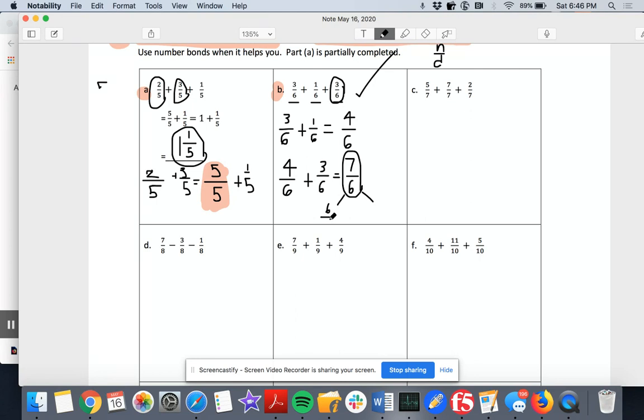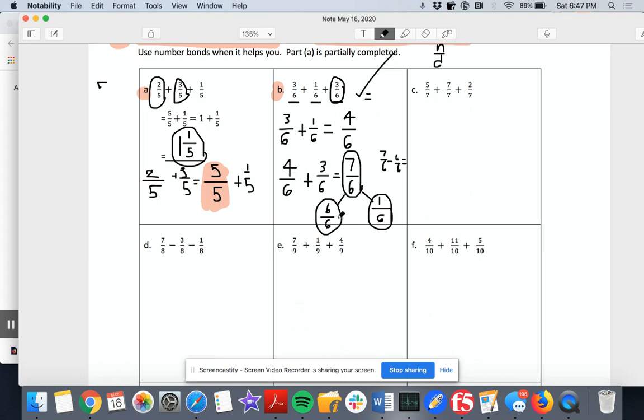So I'm going to put 6 over 6. And then what's left over from that? What is left over if I take out 6 over 6 from the 7 over 6? 7 over 6 minus 6 over 6. 7 minus 6 is equal to 1, and then I still have my denominator of 6, so 1/6.